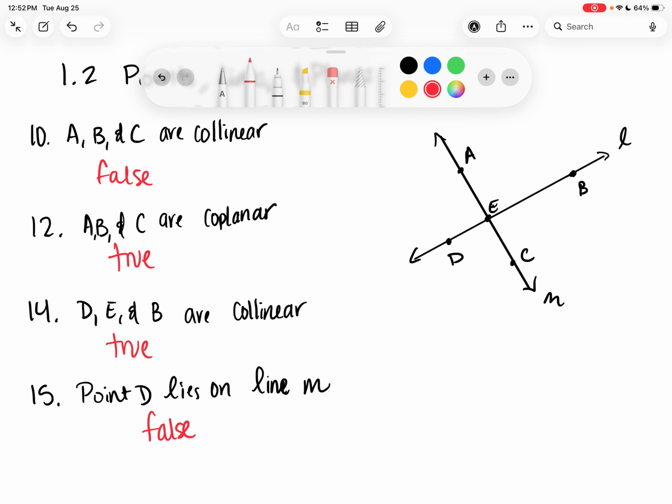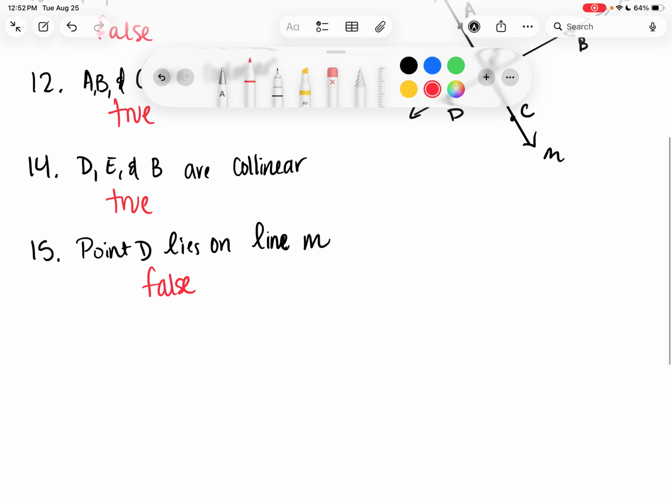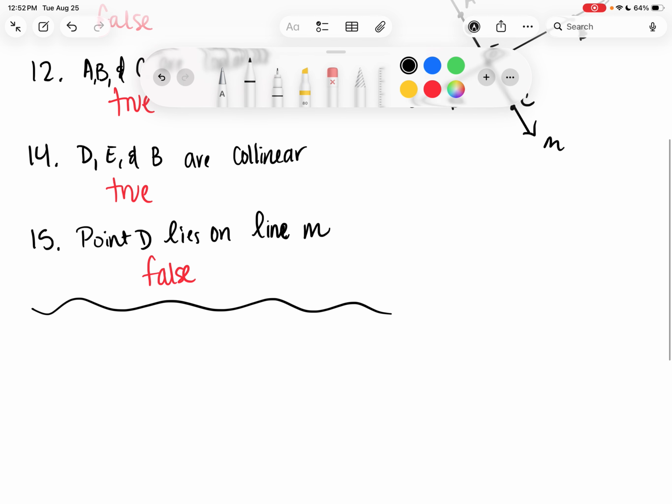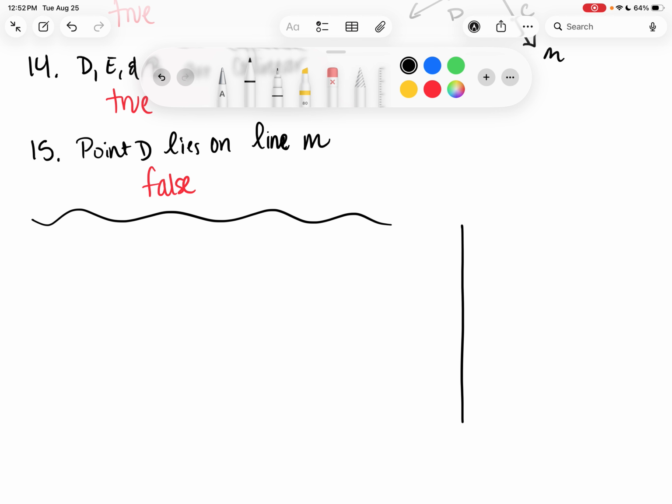All right, this next one, they give us a new picture, and then it says to name a point that is collinear with the given points. So this picture is going to be a little crazy. I've got two lines going up and down. If you want to just reference it in your book, again, that's totally fine.